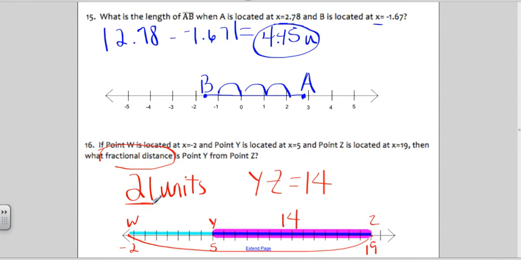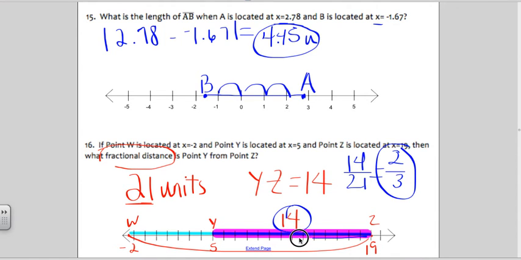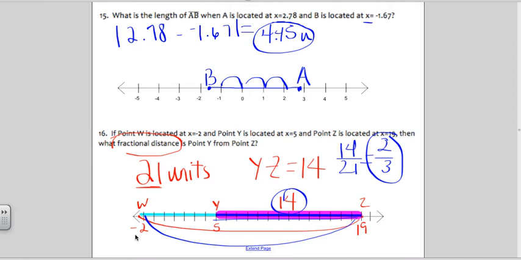So put that as a fraction. 14 over 21. Reduce by a factor of 7 and you get 2/3. And that's my fractional distance. This 14 is 2/3 of the way out of my whole 21 units.